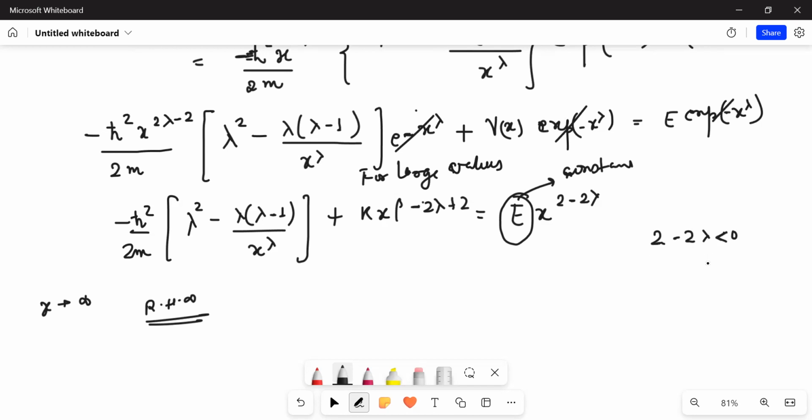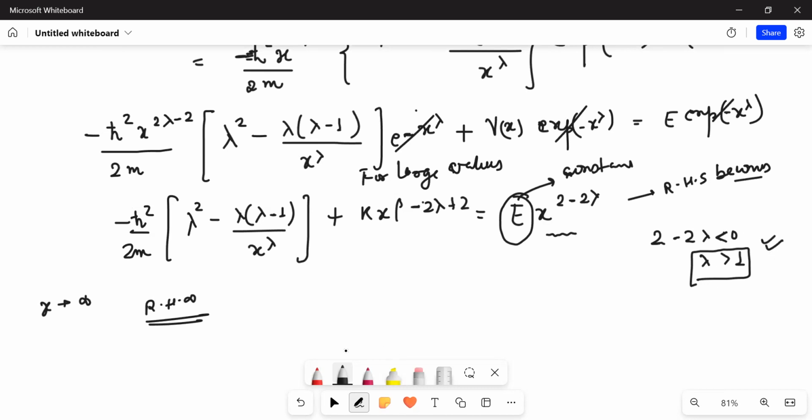If 2 − 2λ is negative, that is λ is greater than 1, then my right hand side becomes 0. So for that, my λ should be greater than 1.